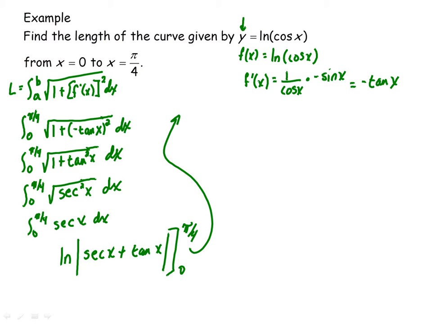You're going to have the natural log of secant of pi over 4 plus tangent pi over 4 minus the natural log of secant of 0 plus tangent of 0.